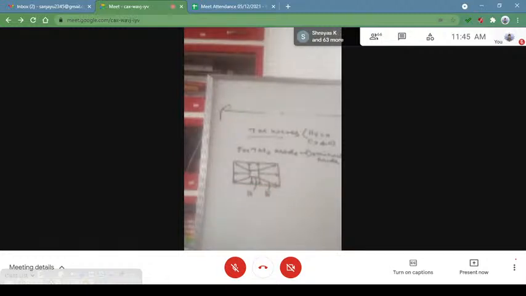If you consider the magnetic field in the side view, it will be in the form of circular loops, like this, with the center here, and in the form of circular loops at the end.